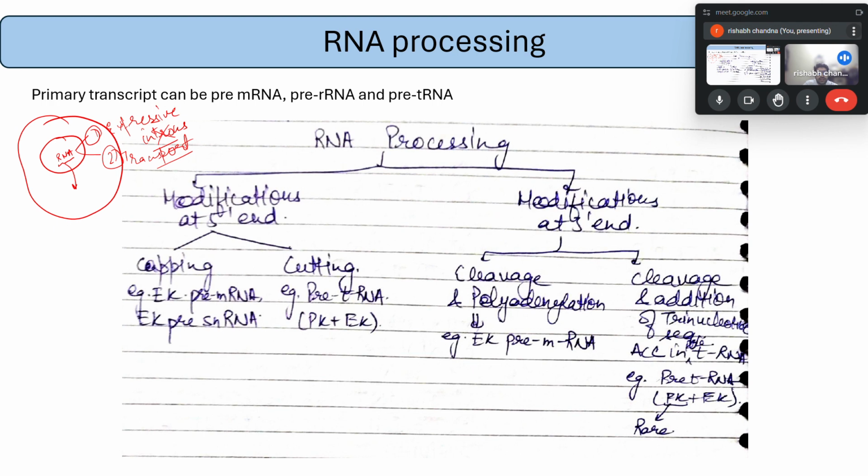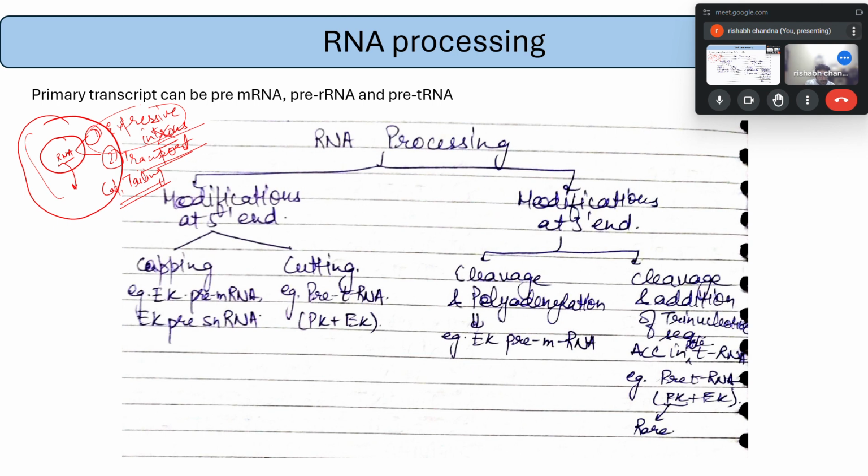In terms of expressive nature, we remove the introns with the help of splicing. For the transport nature, to prevent degradation by RNases, we have capping and tailing. These are the basic reasons why RNA processing is needed.